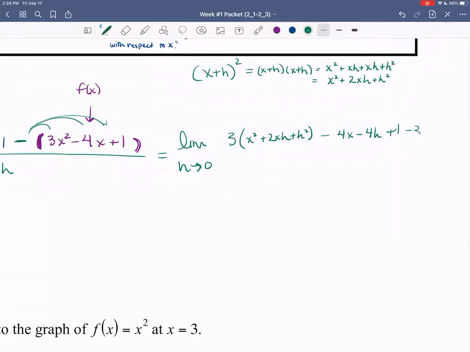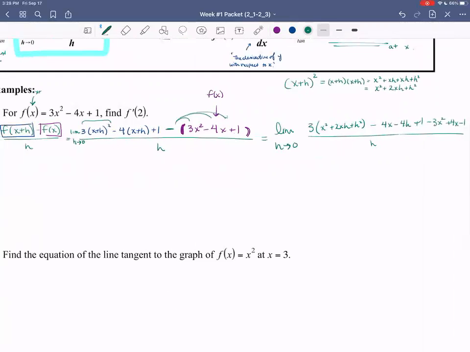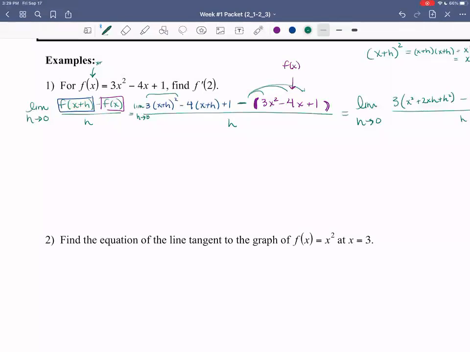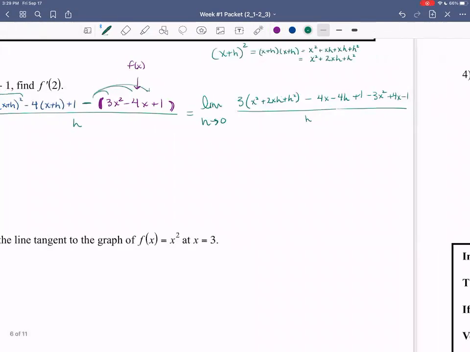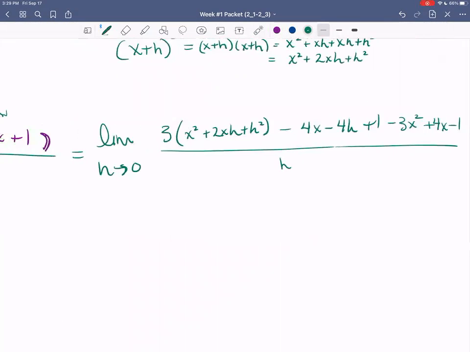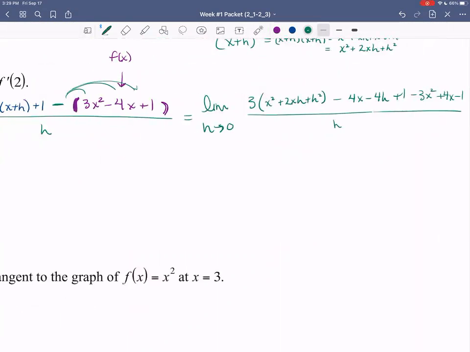So then I get negative 3x squared plus 4x minus 1 all over h. All right, so let's continue. Now what I can do is expand this 3 times x squared plus 2xh plus h squared, just so we have all of our terms together as a sum and difference.